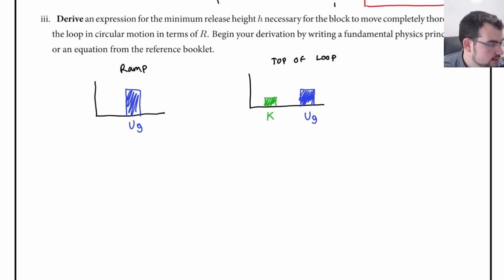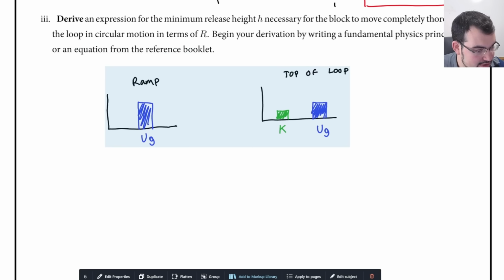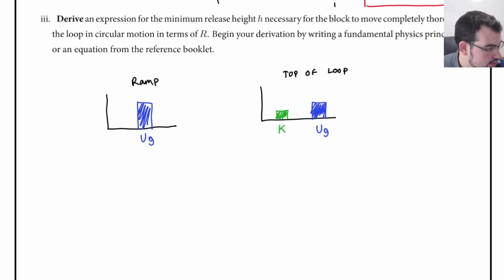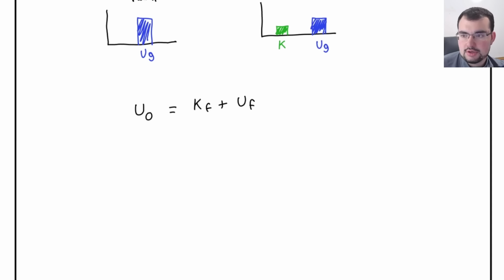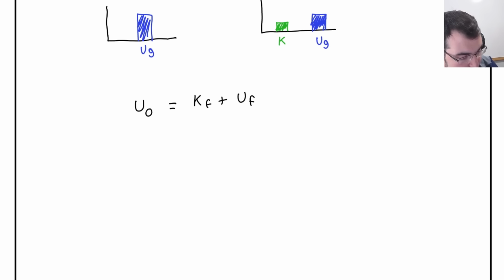So if we were to set up an equation that explains what's happening, since we know the total energy is going to remain constant, we can just say that the initial gravitational potential energy gets turned into the sum of kinetic and gravitational potential at the end. So initially, we know that U is mgh.